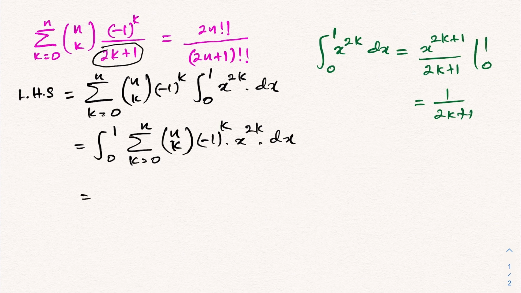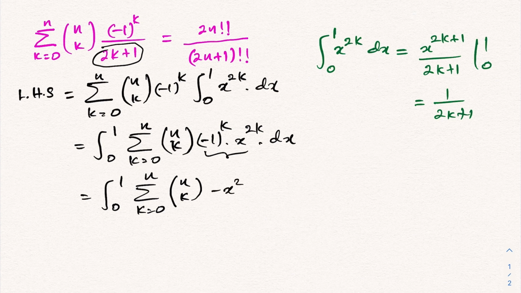Then we can simplify: the integral from 0 to 1 of the sum from k = 0 to n of (n choose k) times (-1)^k x^(2k), which we can write as (-x^2) raised to the k power, dx. Okay, now this is an interesting thing.